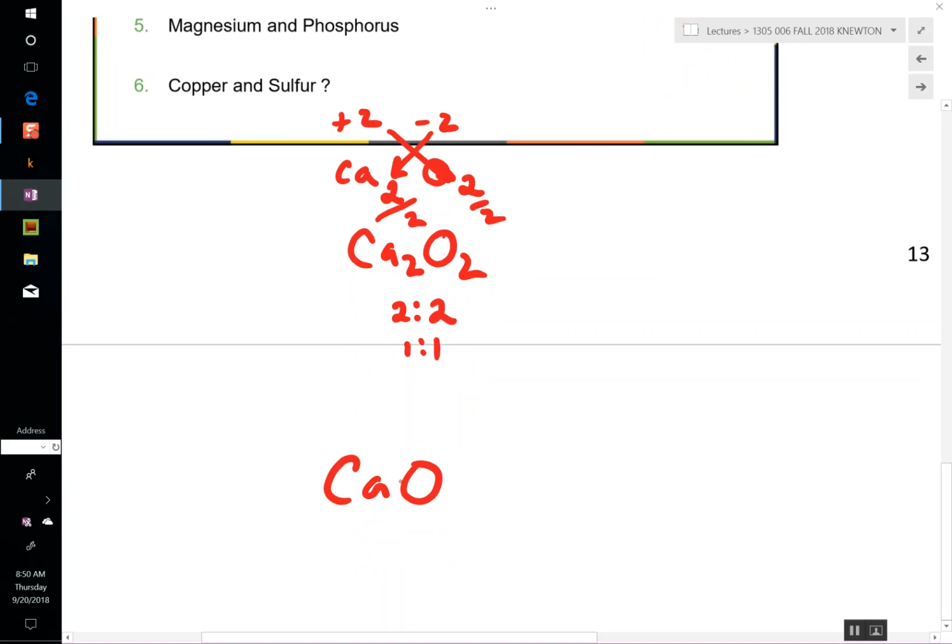All right, so we reduced it down. Instead of a 2 to 2, we got a 1 to 1 ratio. But notice, if we go back to their charges, plus 2 plus minus 2, net 0.